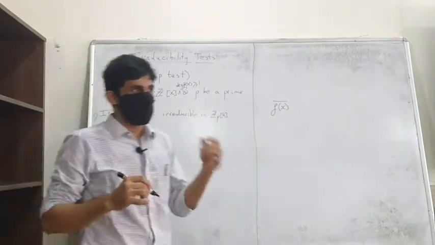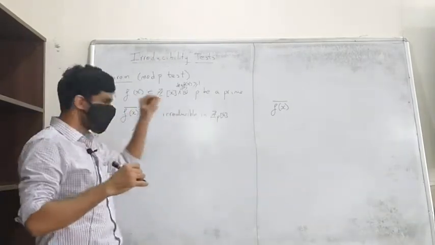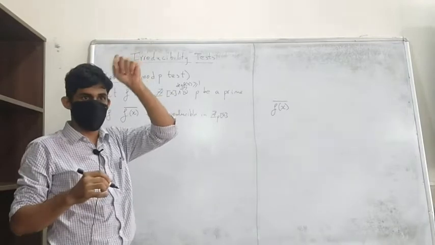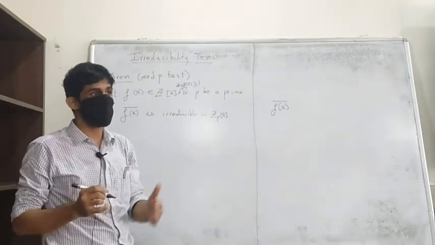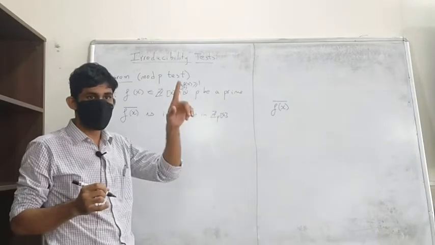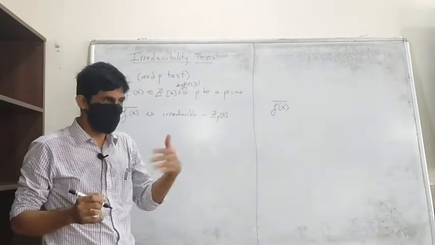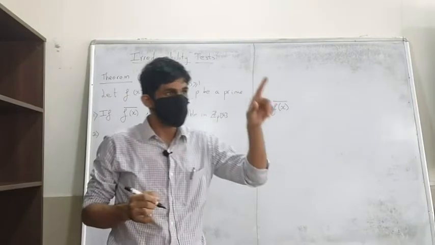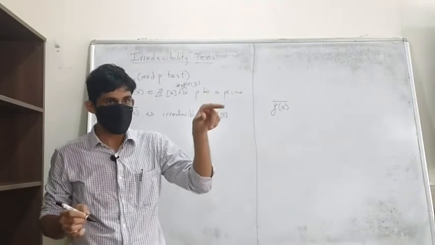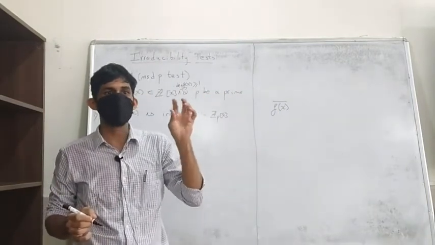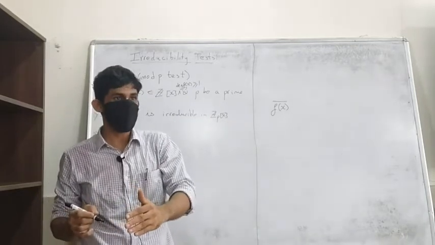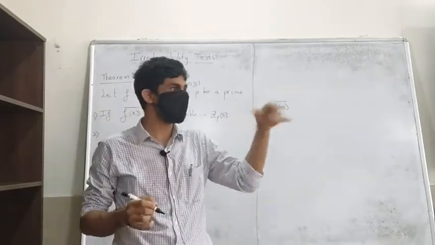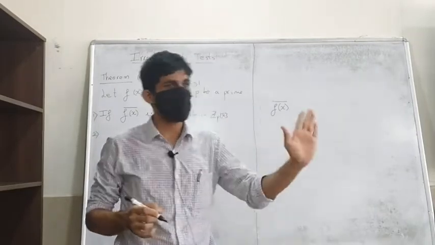and two, see what happens when I reduce each of the coefficients down mod P. It is possible that the degree of the polynomial drops, right? That happens only when the highest degree coefficient is a multiple of P, and when I reduce it modulo P, that coefficient becomes 0. So the degree is going to drop.